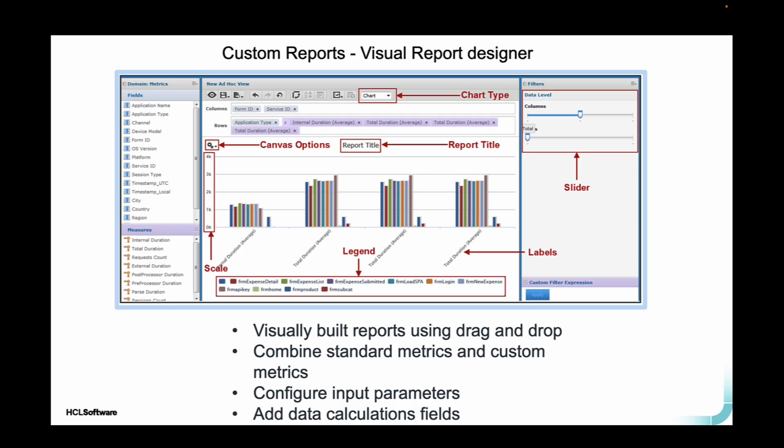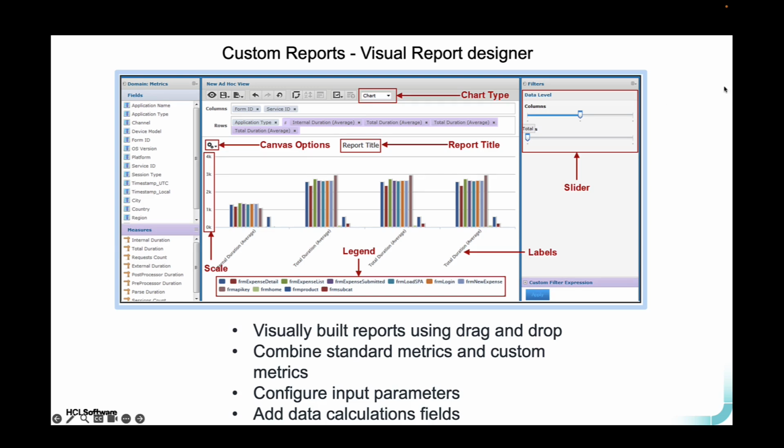So this is a quick look at the visual report designer. You can choose the type of report, you can give it a title, you can choose what are the fields for the rows and the columns. You can see the scale, you can see the legend at the bottom. The labels are also shown here. You can set filters so that the report can be seen based on something.